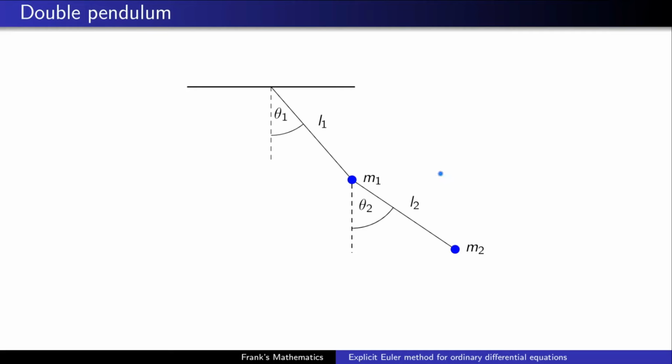So here you can see a pendulum consisting only of two bodies connected with a joint here. The first body has length L1 and the mass M1, which is located here, and similar for the second body.